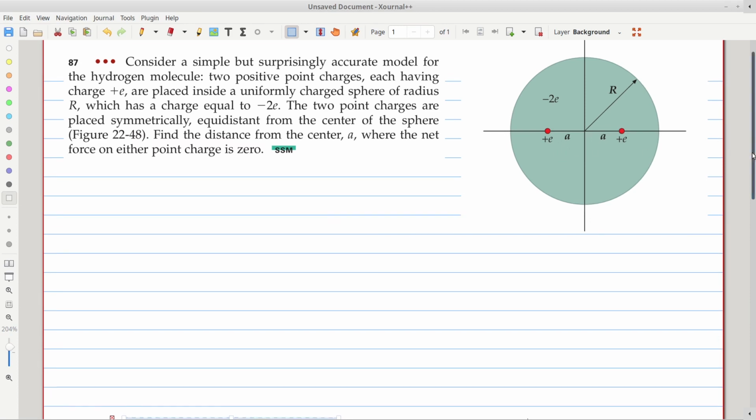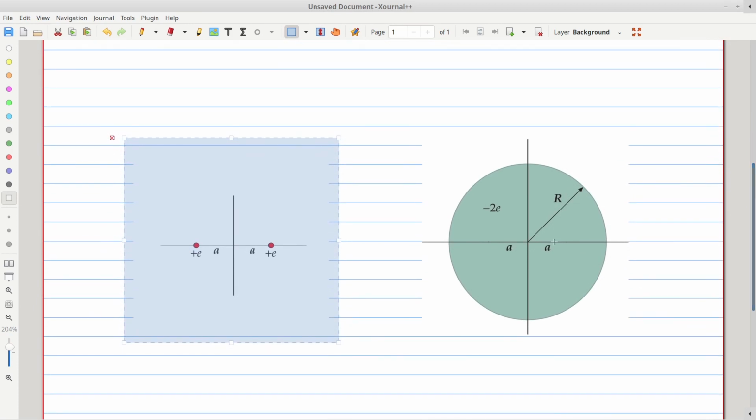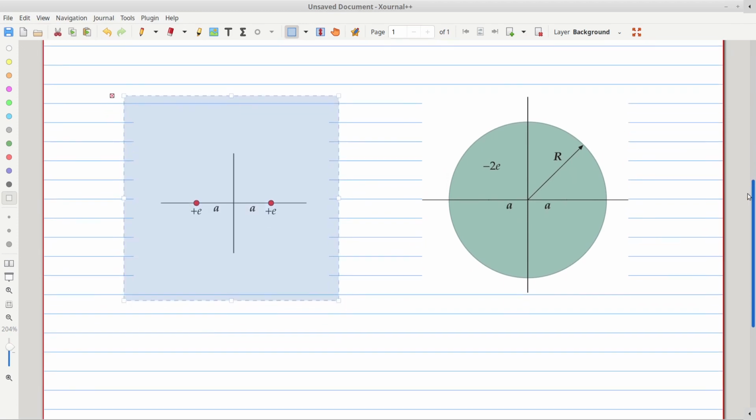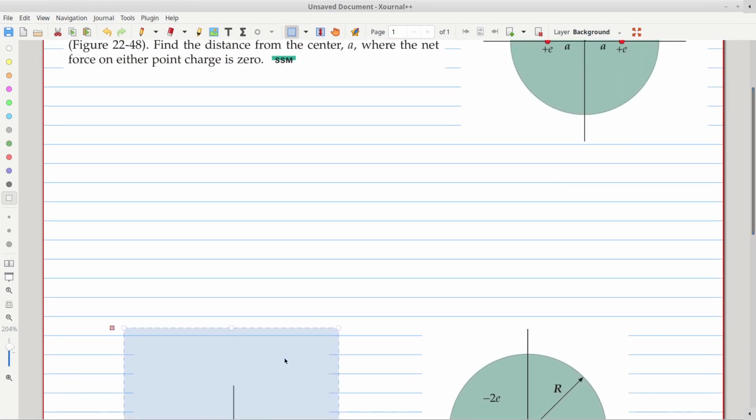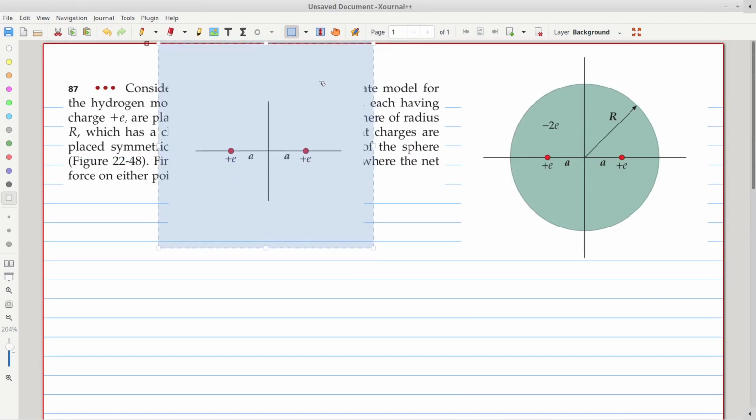So separating the two problems, we have 2 point charges and a uniformly charged sphere. We will start solving the 2 point charges.